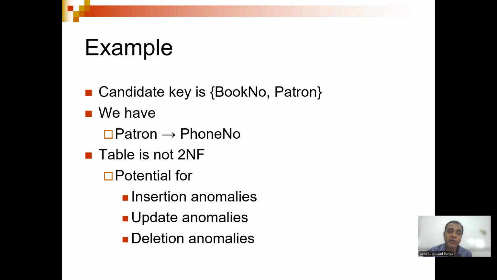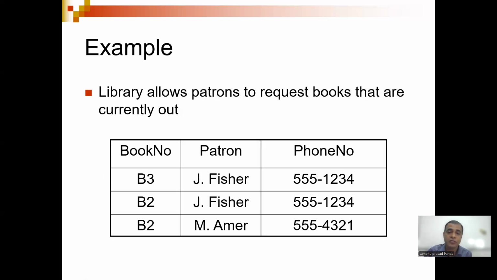And we have here patron determines phone number. Just see: J Fisher 555, J Fisher 555. The repeated things can be written in a single row. Then M Amar 555 is another one, uniquely determined.